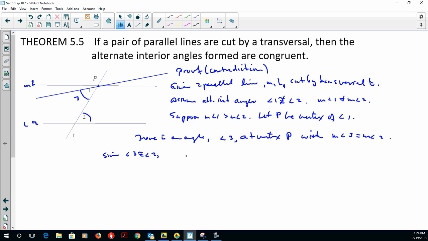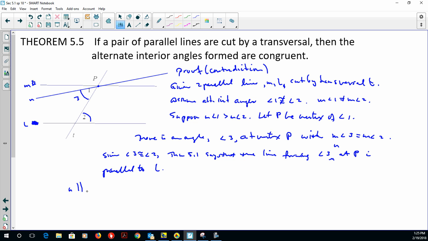Theorem 5.1 says that the new line, the line forming angle 3 at point P, is parallel to this line on the bottom, L. Maybe we should give this line a name here, N. So N is parallel to L. M is parallel to L.